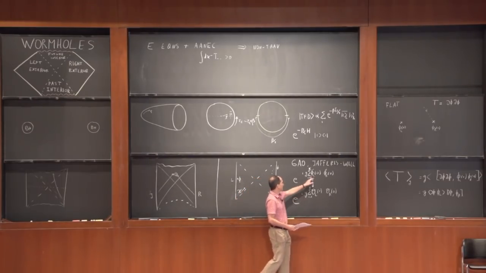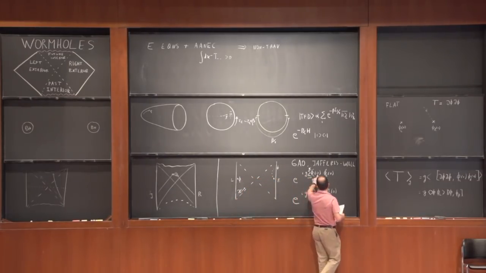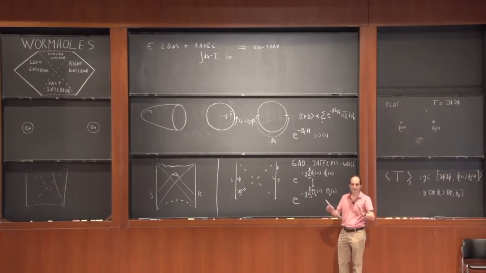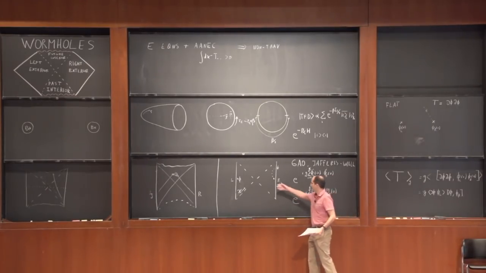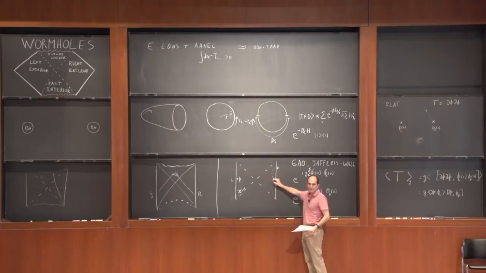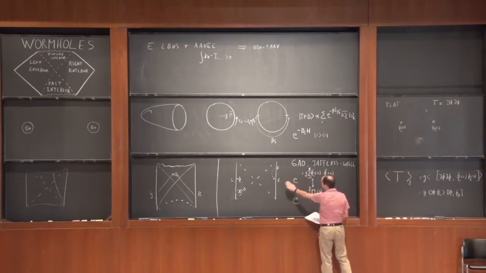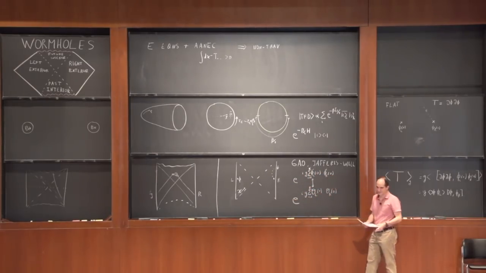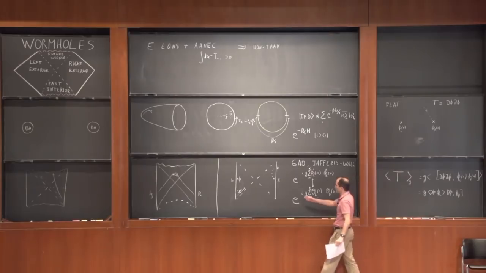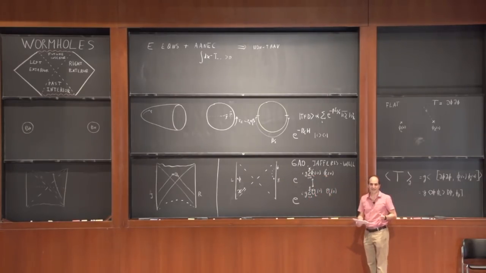Here I put the interaction at exactly t equal to 0, but we could imagine this interaction smeared over some time of order the temperature of the right black hole. So we can smear it a little bit, and we'll implicitly consider that so as to avoid any UV divergences that might arise. Of course, if the boundary theory here is quantum mechanical, then there are no UV divergences, but those are little details that don't affect the gist of the story.